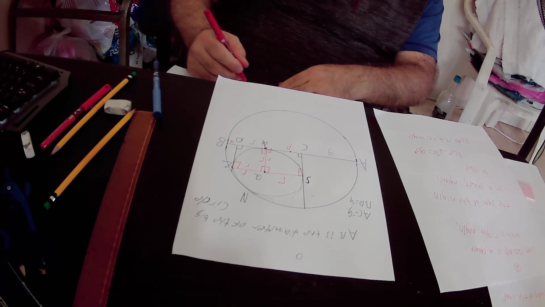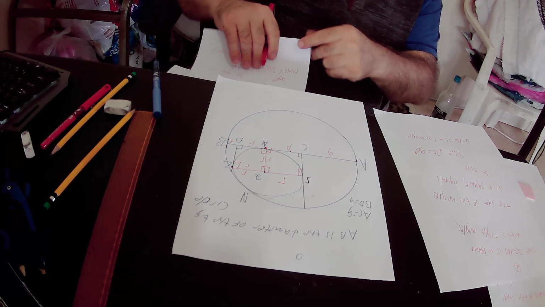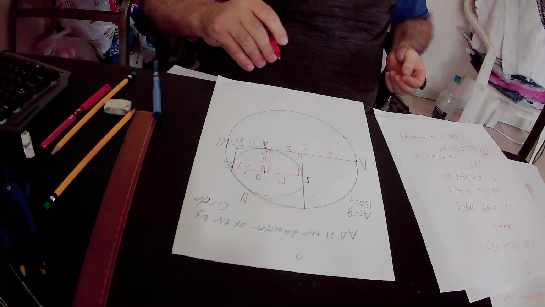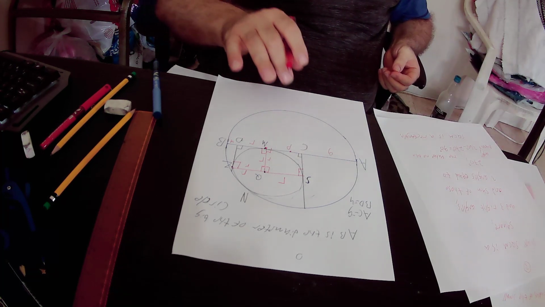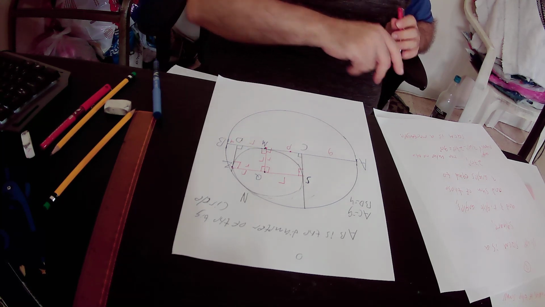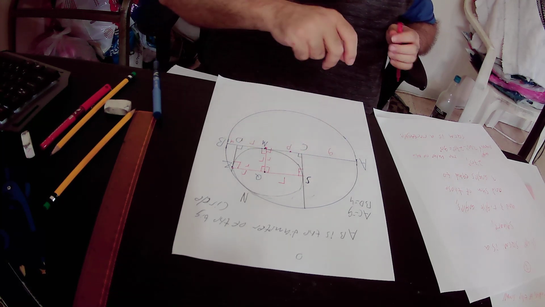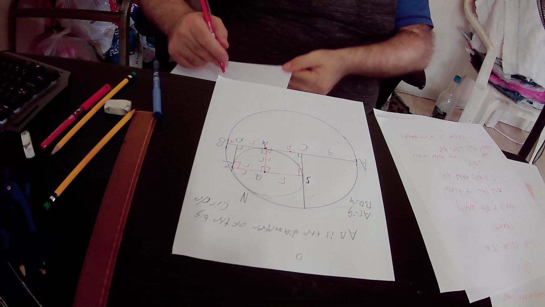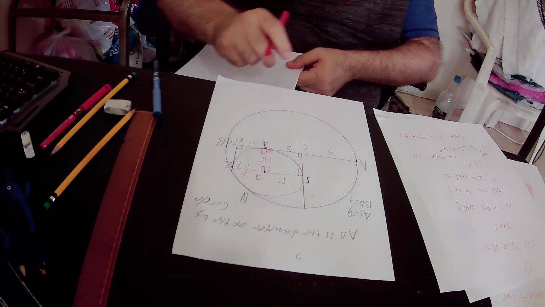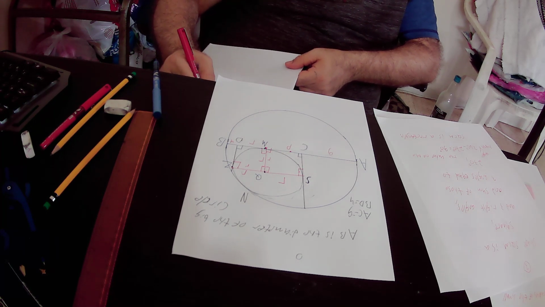That is to say, the opposite sides of any rectangle are equal to each other, so SQ equals CM. The opposite sides in any rectangle are equal to each other.